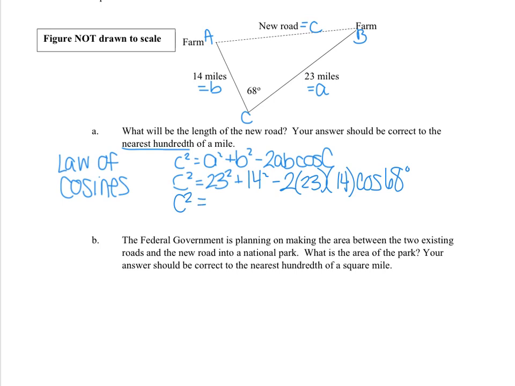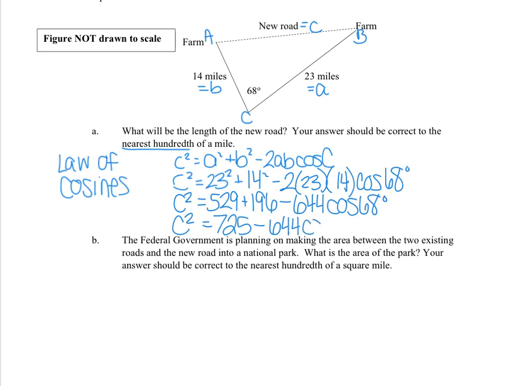So c squared is going to equal 23 squared, which is 529, plus 14 squared, which is 196, minus 2 times 23 times 14, which is 644, cosine of 68 degrees. c squared equals 529 plus 196, which is 725, minus 644 cosine of 68 degrees.